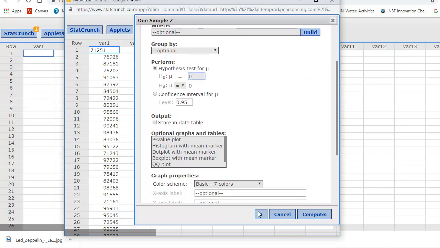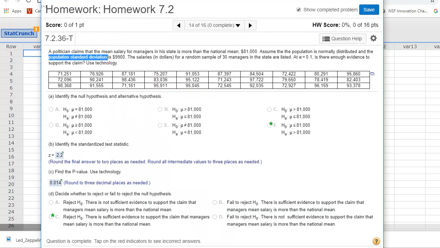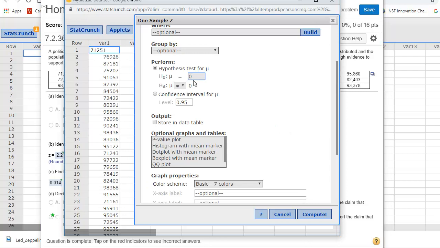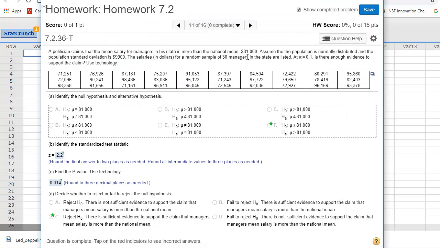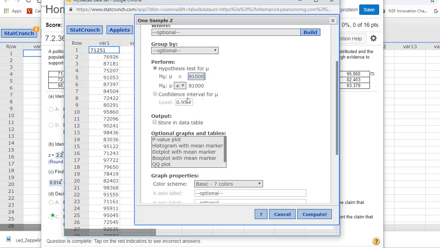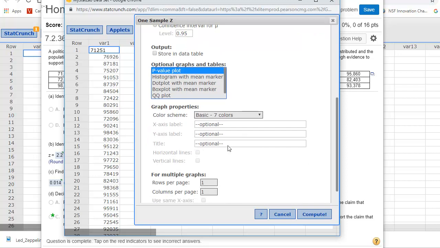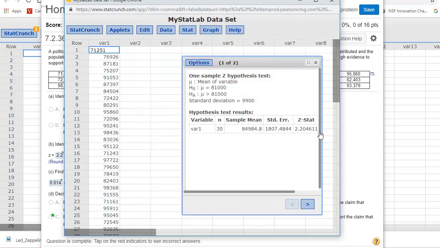The claimed population mean was that the national average is more than 81,000, so I plug in 81,000. Based on that, the alternative is greater than, so I make sure I choose that. I like to do the p-plot, and then I compute.